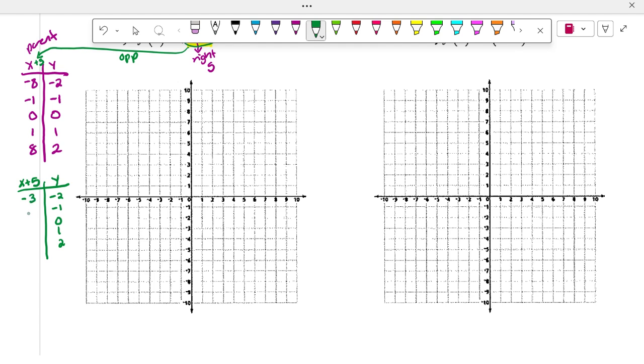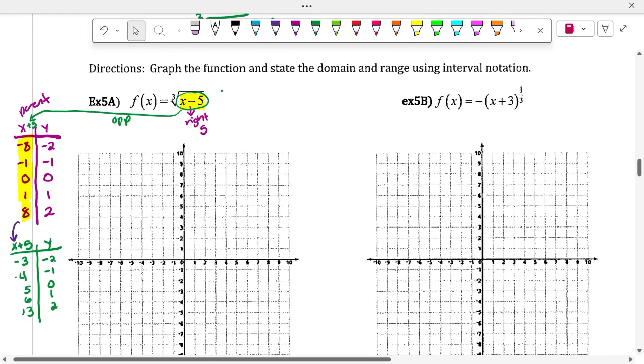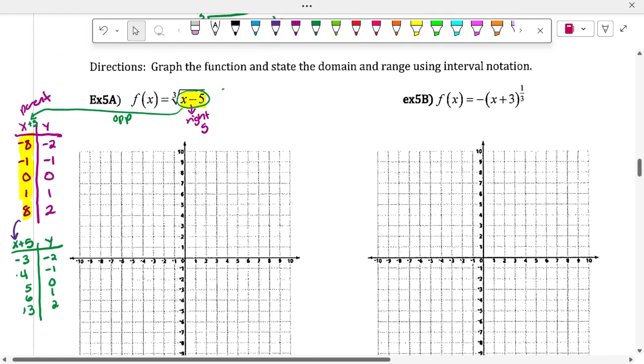Next, -4, then 5, then 13. So we added 5 to all of our x values. And again, since nothing is outside of the radical, the y's stay the same.